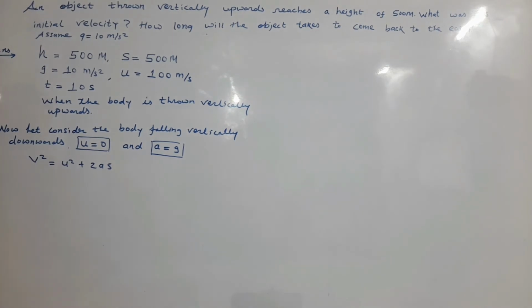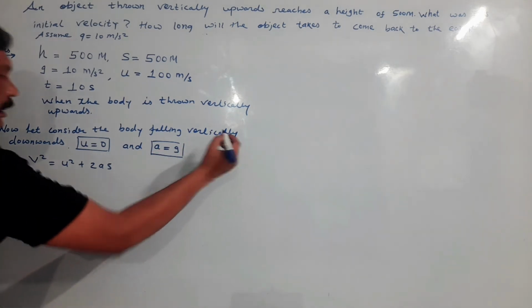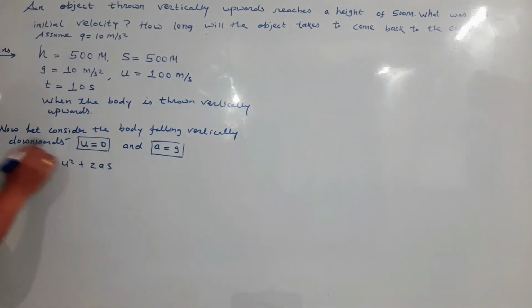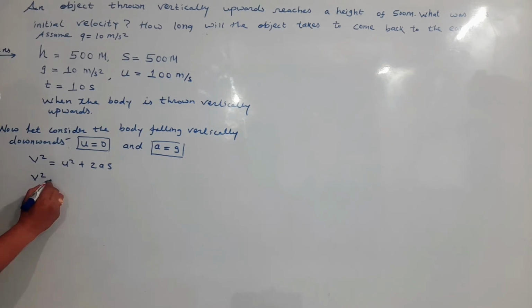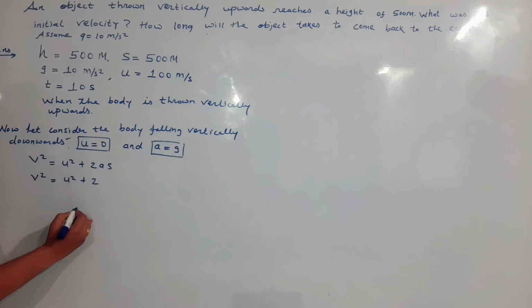Now here we can consider u is equal to 0 and a is equal to g as the body is falling vertically downwards. So this equation will become v square is equal to u square plus twice gs.